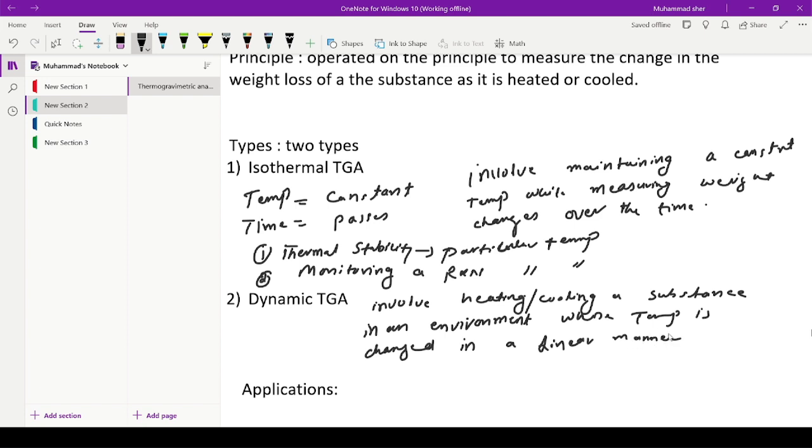So in this TGA, the temperature will not be constant. We will increase the temperature in a linear way, and this TGA is basically used to study the kinetic triplet, or we can also say degradation kinetics.